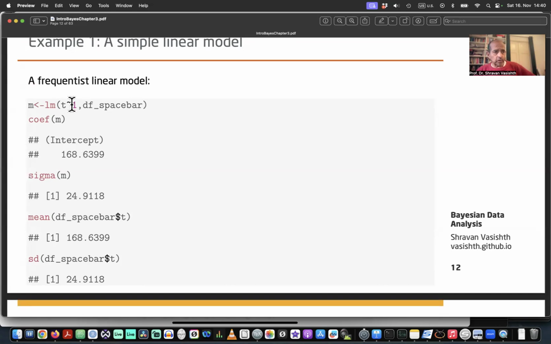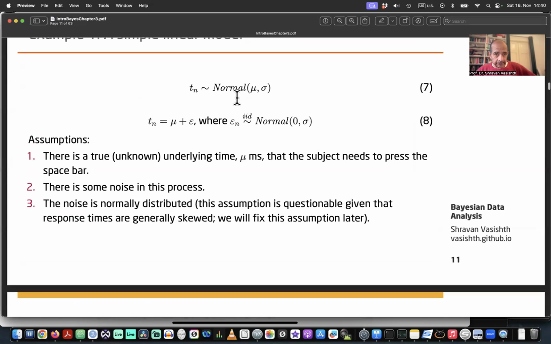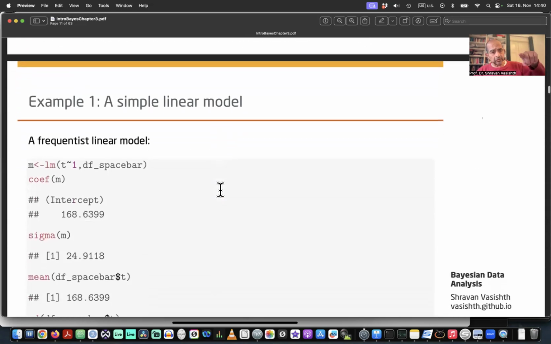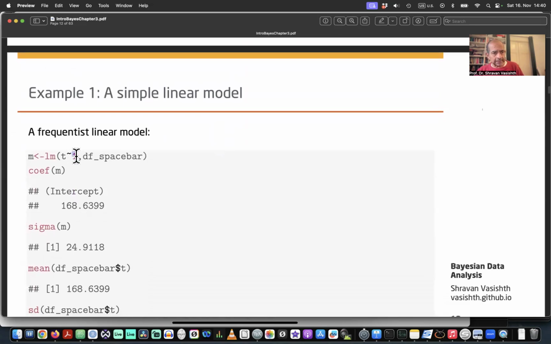And this 1 represents the intercept that I just mentioned, and that comes from the matrix formulation of the linear model, which I will talk about at some point. But right now it's enough to know that t is the dependent variable, tilde is like the equality sign, but what it really means is that the data are assumed to be generated from a distribution which has a particular mean, and that mean is represented by the intercept, which is written 1 here.